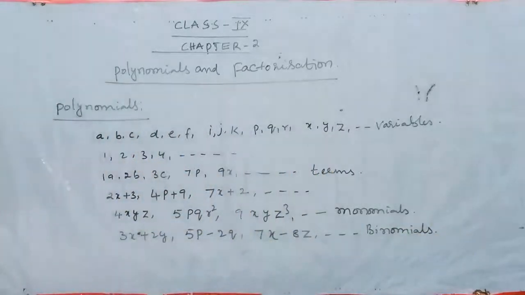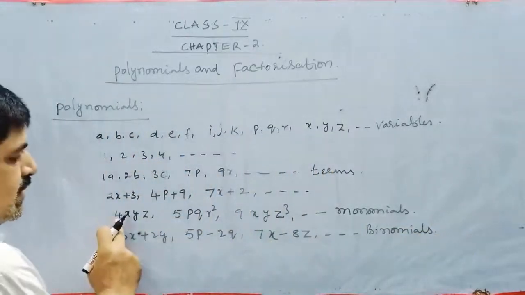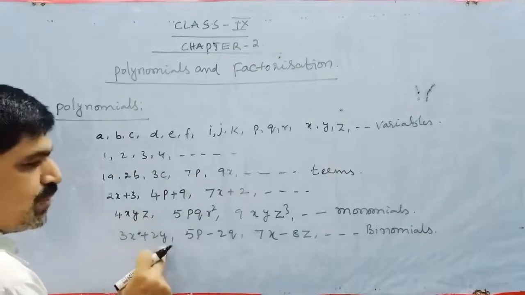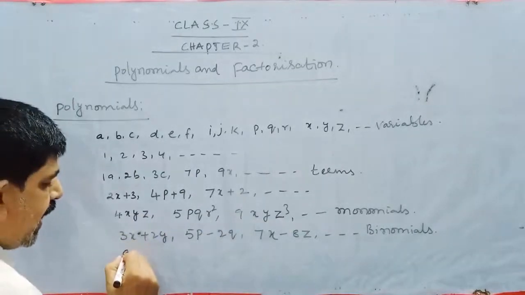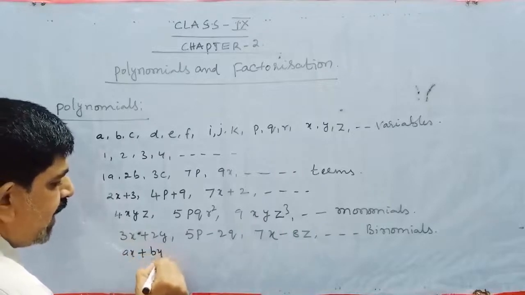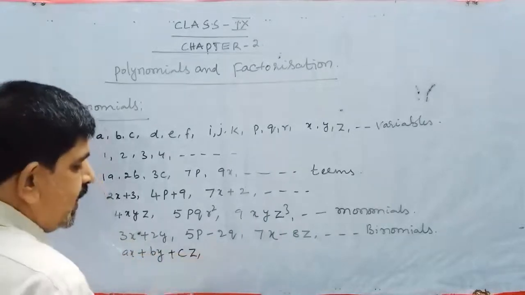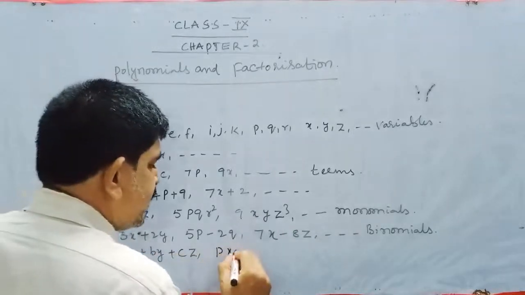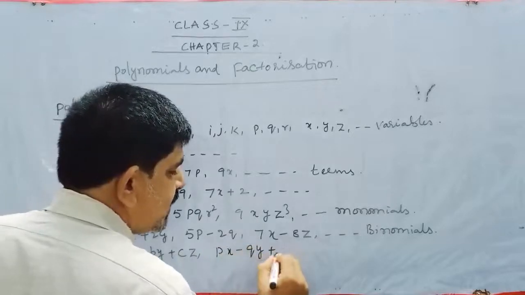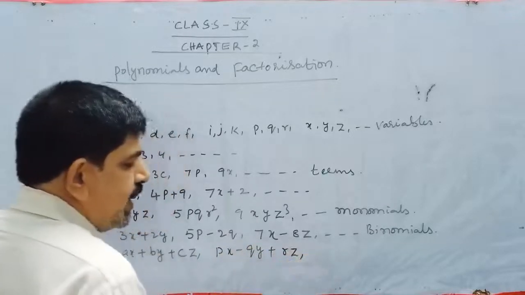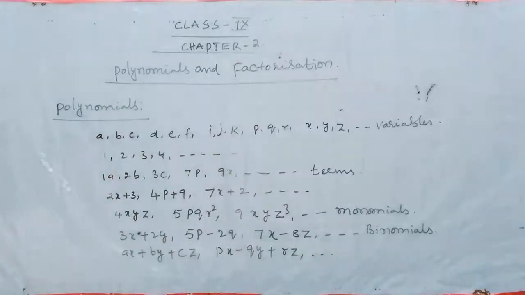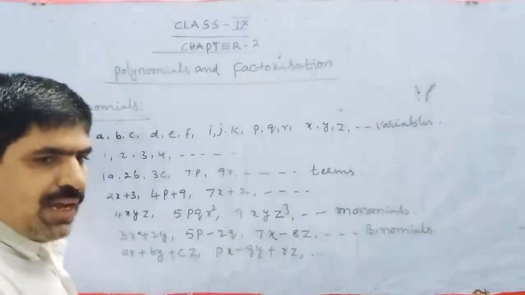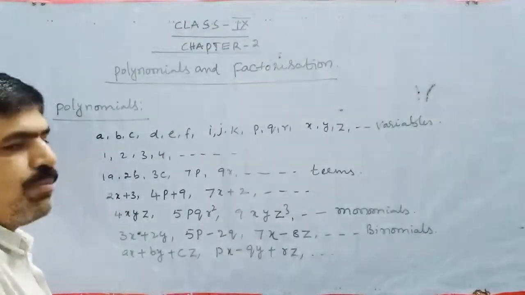Okay, single terms monomials, two terms binomials, three terms: ax plus by plus cz, next, px minus qy plus rz and so on. This type of terms are known as trinomials. More than three terms are known as polynomials.